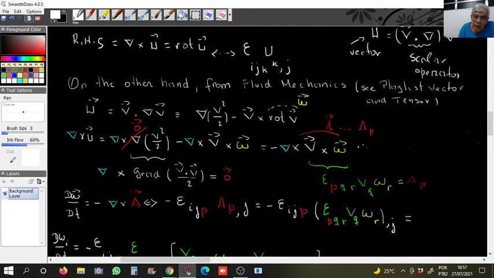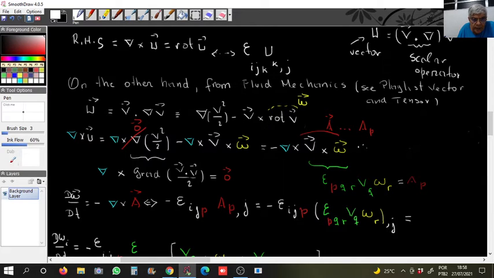And so nabla cross u, you can see clearly from the previous video about the review of tensor notation, that the rotation of a gradient of a scalar is identical to 0.